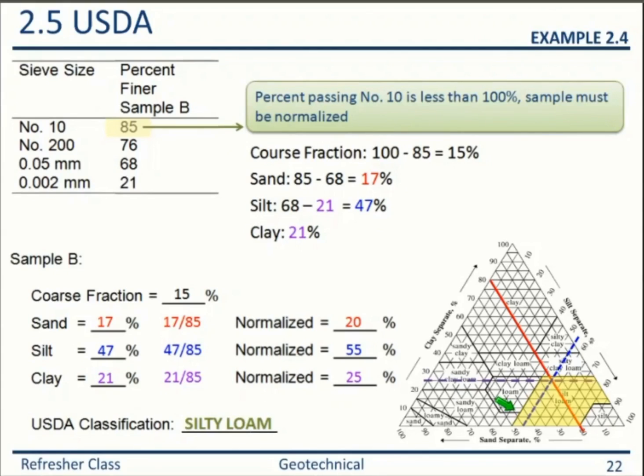If you add them together, it will not be 100. So the third line is your concurrent value. That will make sure it is 100%. Yes, draw the line from sand to clay. Sand to clay, and clay to silt, silt to sand. Clockwise direction.